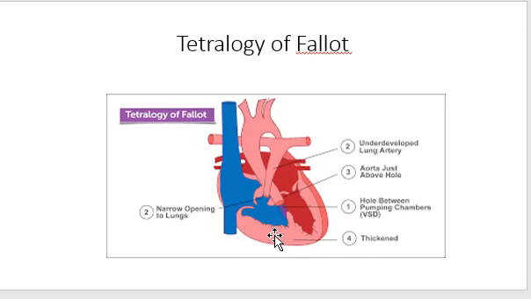Let's go over that again. You have a VSD, a pulmonary stenosis, a pulmonary valve or pulmonary artery stenosis, and an overriding aorta, where the aorta is right above that and it's overriding, and there's right ventricular hypertrophy. So what does this mean?